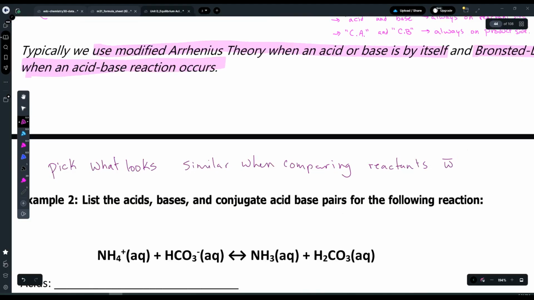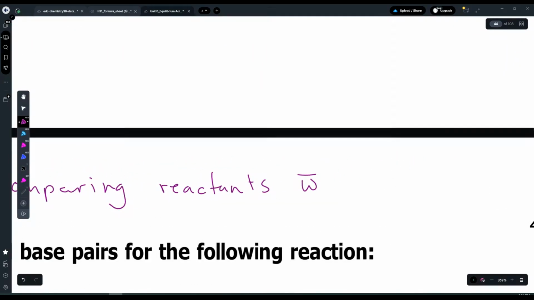So pick what looks similar when comparing reactants with products.